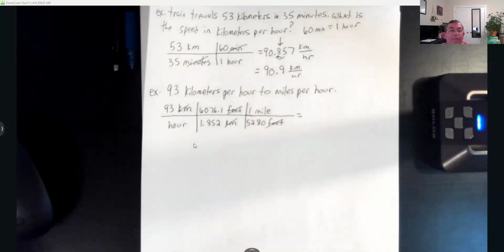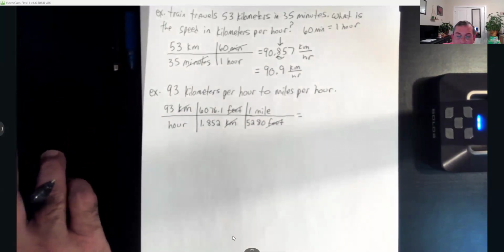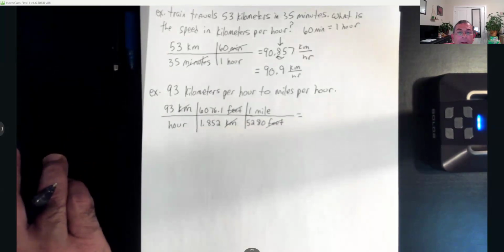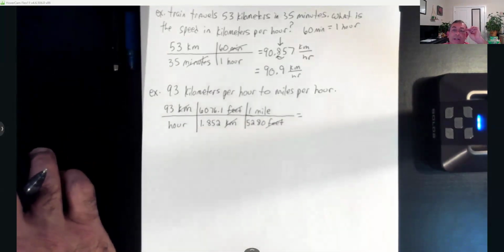So we multiply the stuff on top. So we would do 93 times 6,076.1. When we get that answer, and then we're dividing by 1.852 and dividing by 5,280. Now, y'all, let me see how much they want to round this one. So we would round this to the nearest tenth.